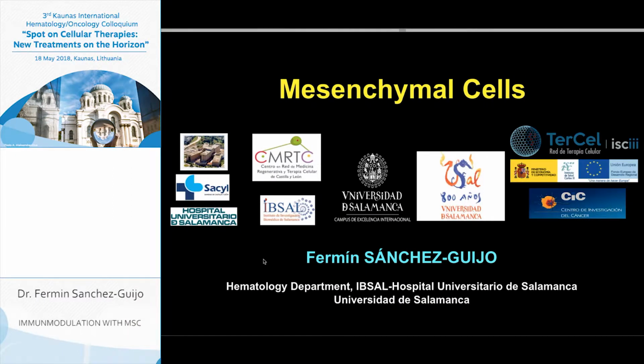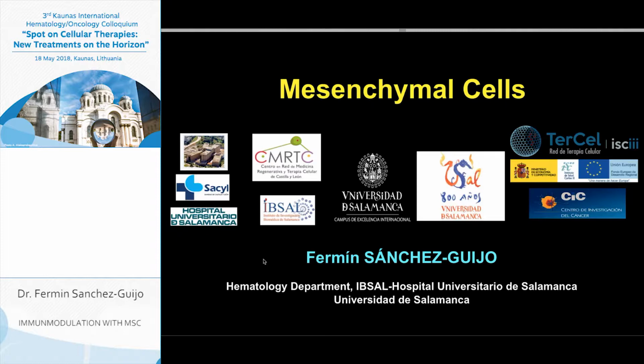So what I'm going to do in the next minutes is to summarize the role of MSCs as immunomodulatory cell products in the stem cell area. I will start with some initial important issues regarding the role of MSCs in transplantation.